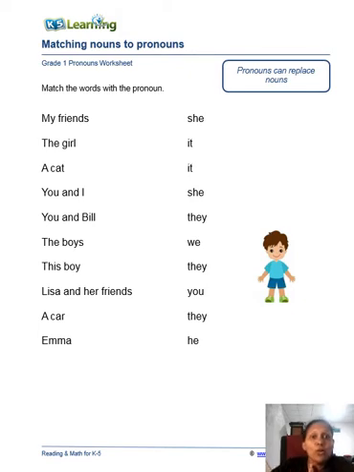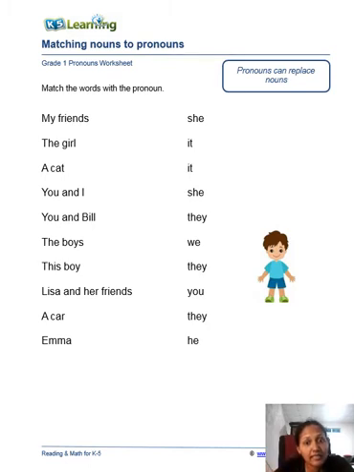Here we have pronouns. We have learnt about pronouns. Pronouns we can use to replace a noun, right? We have learnt pronouns in the class, so if you can't remember, we will do this revision so you can memorize it, right? Can you remember the pronouns?